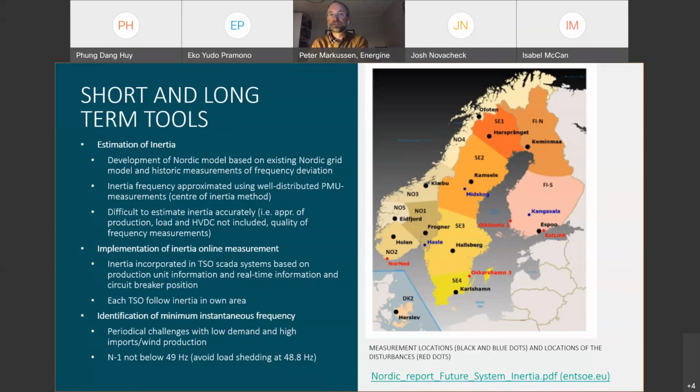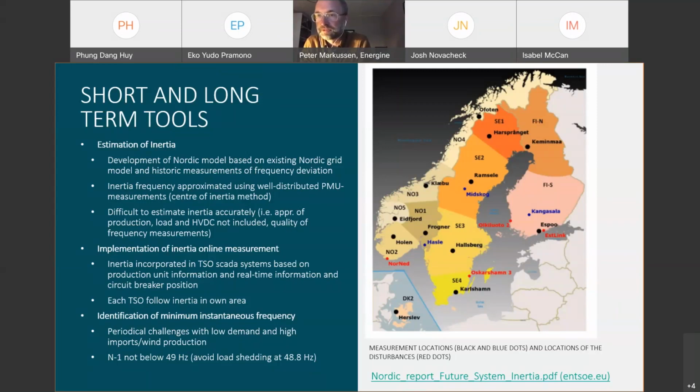But as also mentioned by our representative from NLDC, it is quite difficult to do these estimations, because it is an approximation of the production, load and HVDCs are not included, and some of the historic data quality can be not so good or even bad. But all in all, we have developed a quite good model.